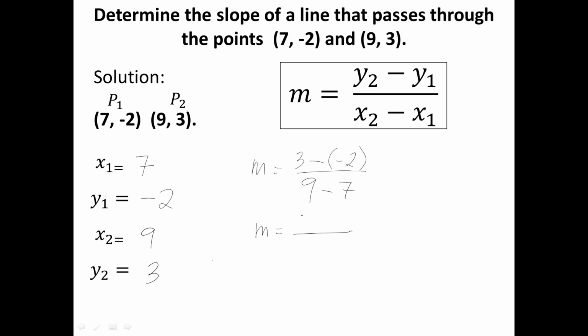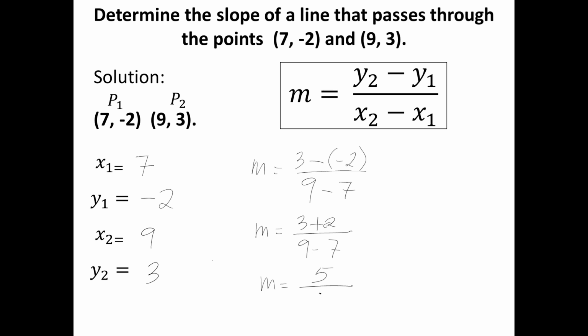Then the slope is equal to 3. Let me go through it: negative times negative 2 is positive 2, so you can follow why it becomes plus 2.